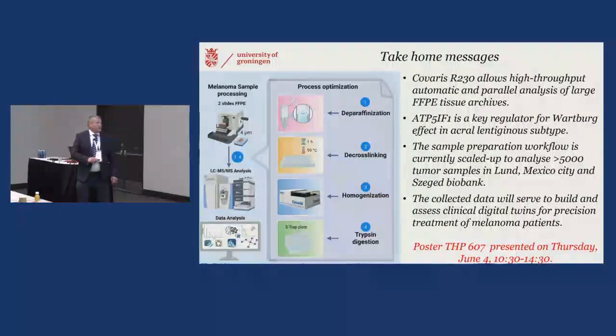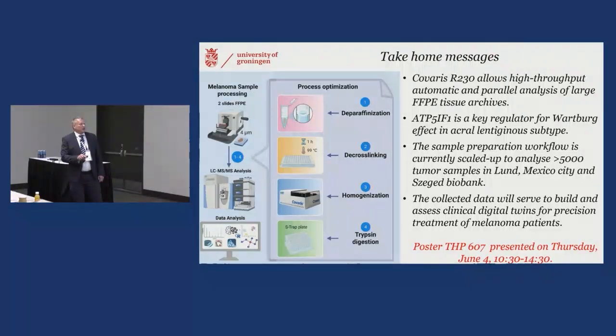So for the take-home message, for us, the Covaris R230 allows high-throughput, automatic and parallel analysis of large, here it was still a pilot, but allows analysis of FFPE tissue archives. We have identified, even in this small pilot, a key inhibitory regulator for the Warburg effect in acral lentiginous melanoma.